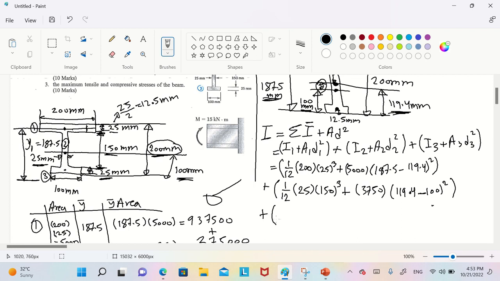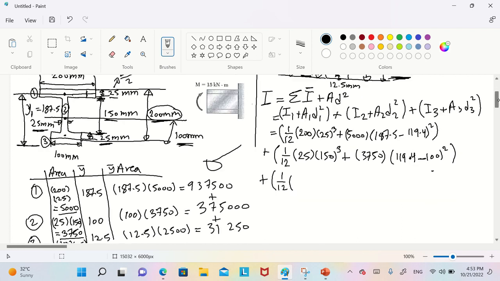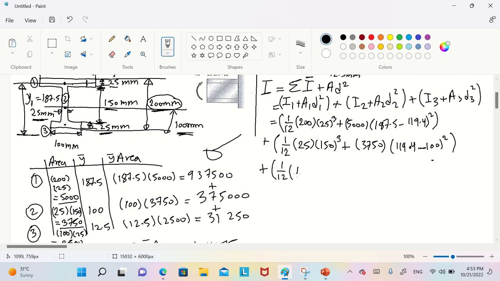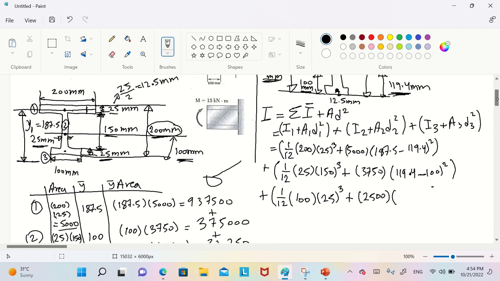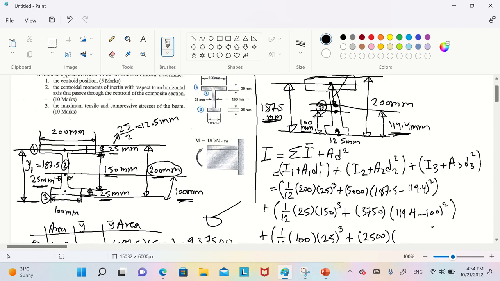plus, for the third one, 1 over 12 for the base is 100 multiplied by the 25 cube plus the area is 2500 multiply by the distance.